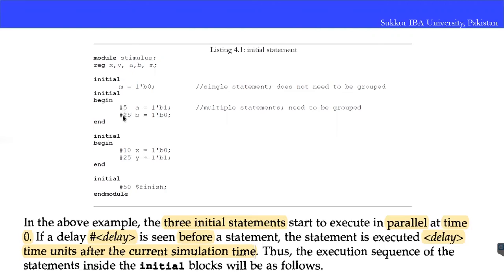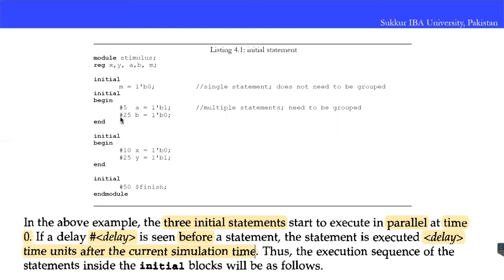And there's another delay of 25, so the next initialization will start from 30. Again, this is another independent initial block, so it will start from 10.